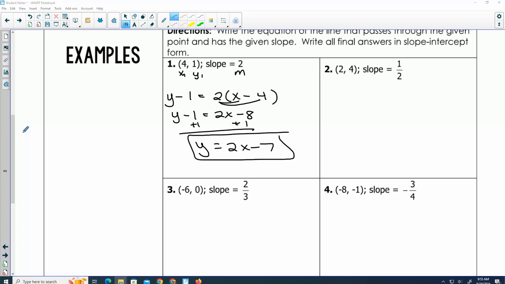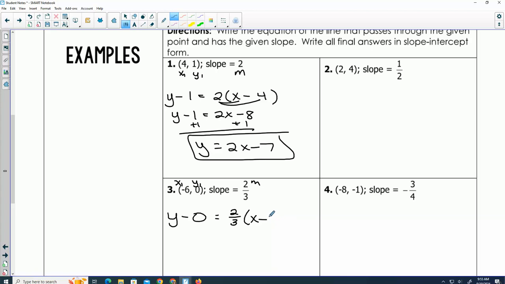Let's look at number 3. So in my ordered pair, it's alphabetical, so this is x1, y1, slope is m. So my equation, y minus y1, so y minus 0, equals m, 2/3, times x minus x1.